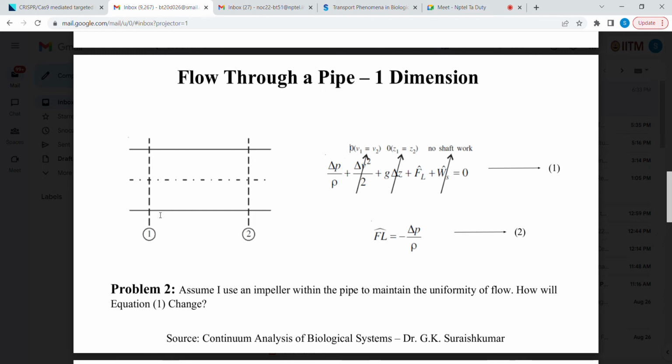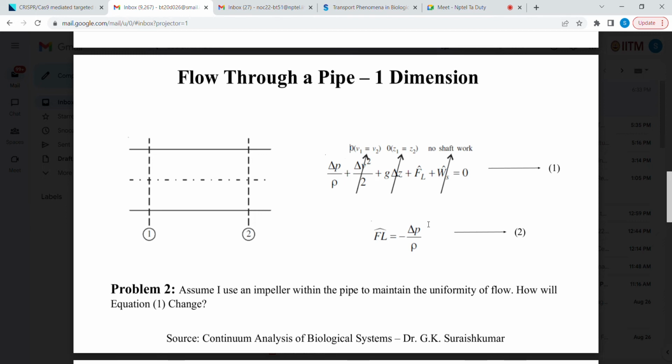So the difference in distance between the points 1 and 2, denoted by Z1 and Z2, is equal to 0. So this also goes to 0, and there is no shaft work that is done. Let us assume that, and we are going to take that also to 0.